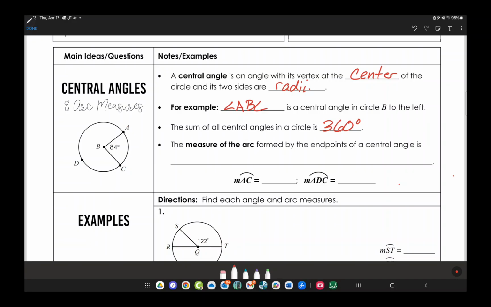And here's the more important part today, the part you probably don't know. The measure of the arc formed by the endpoints of a central angle is equal to the central angle.